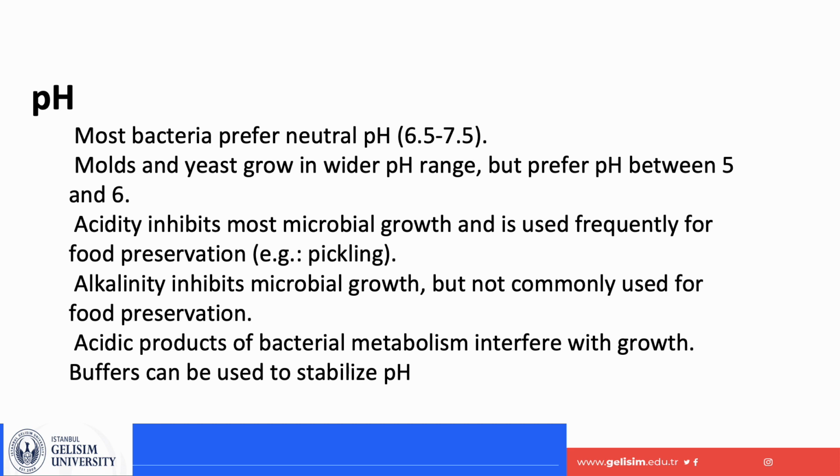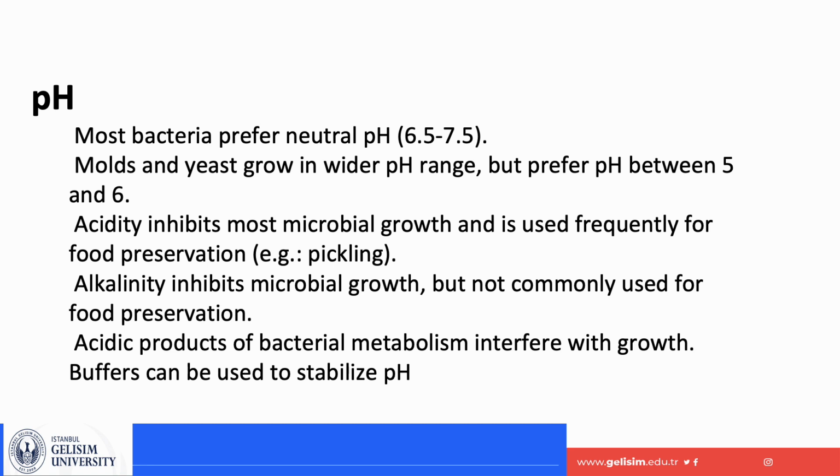Now, acidity inhibits most microbial growth, and this property is utilized in food preservation techniques like pickling. Alkalinity also inhibits microbial growth, but it's not commonly used for food preservation. So the acidic products of bacterial metabolism can interfere with the growth of microorganisms, making the use of buffers essential to stabilize pH levels.